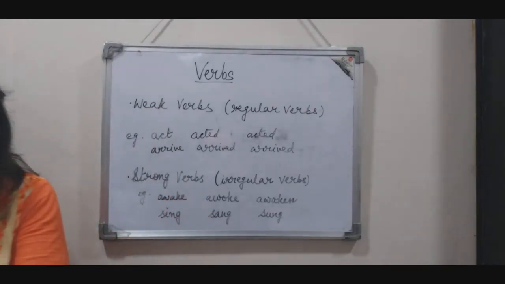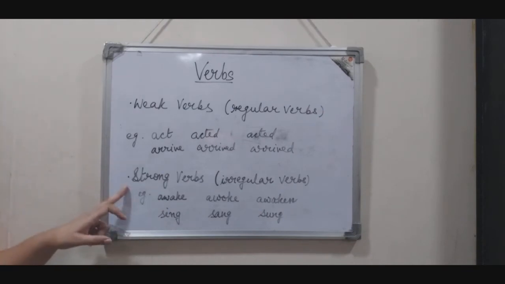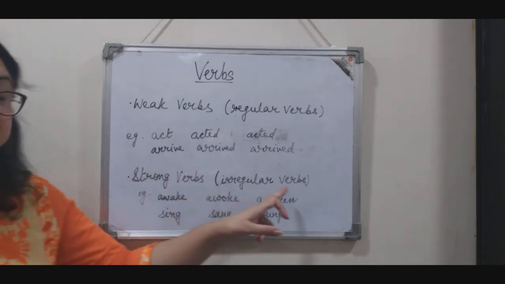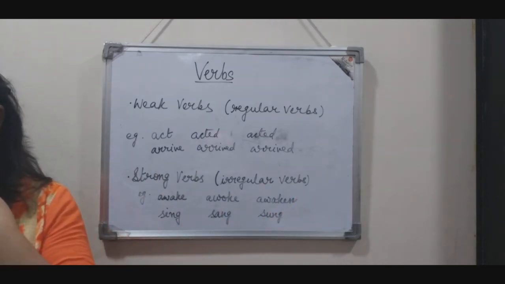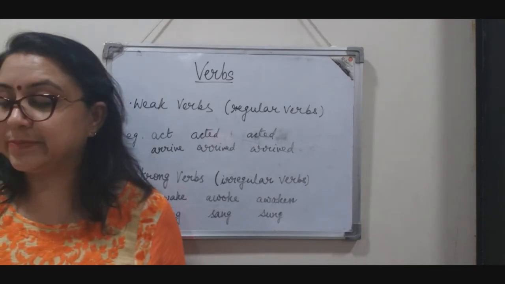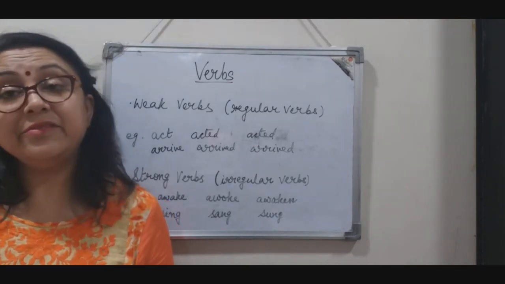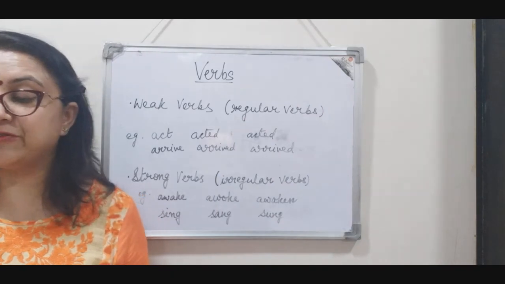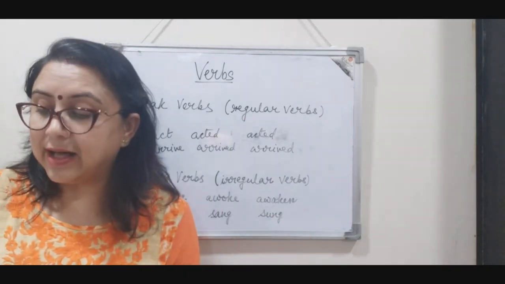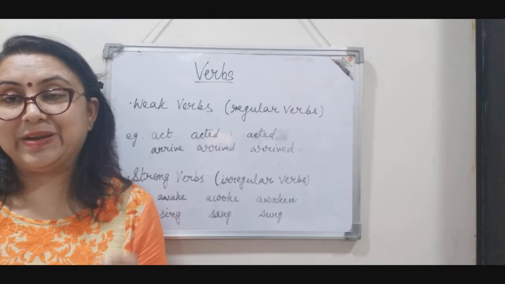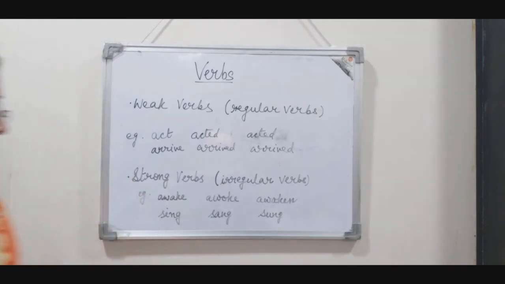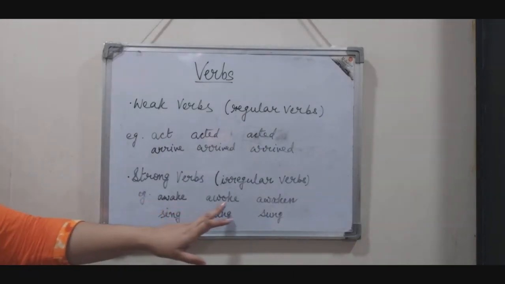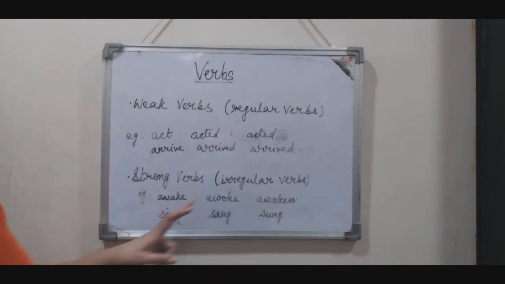While on the other hand, strong verbs are also known as irregular verbs. And how are they formed? They form the past tense or the past participle form in various ways, but most often by changing the vowel of the present tense, that is the base form, right? By changing the vowel. For example, awake, awoke, awoken. So the vowel gets changed.